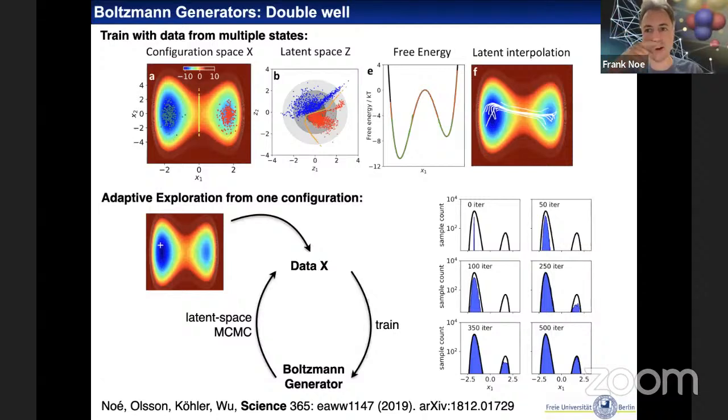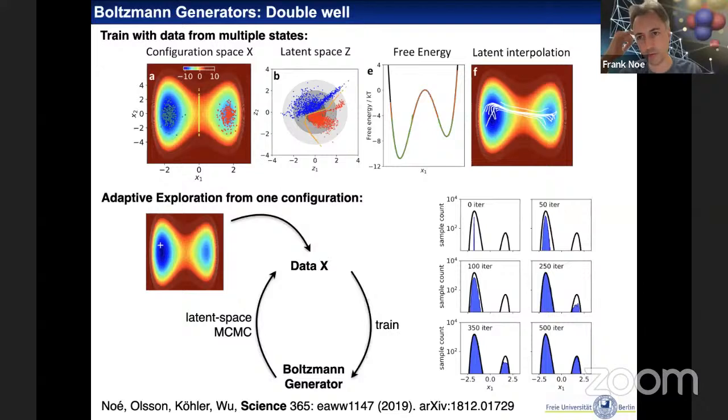And then we combine that with Metropolis Monte Carlo steps. Literally Metropolis, so Gaussian proposals in latent space, so in the Z space, not in X space. And then we accept and reject them as usual. We can always compute the acceptance probability of those because we have an invertible transformation.